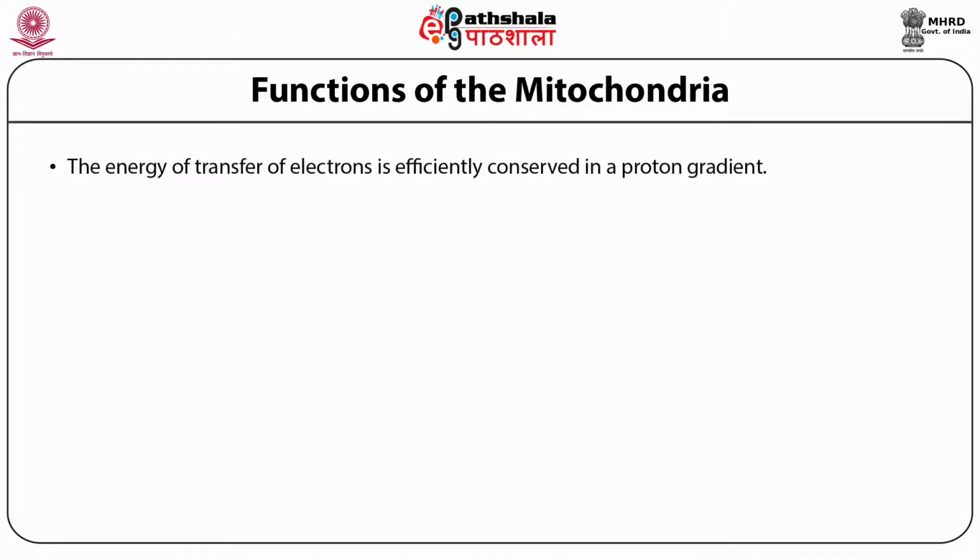The energy of transfer of electrons is efficiently conserved in a proton gradient. For each pair of electrons transferred to oxygen, 4 protons are pumped out by complex 1, 4 protons are pumped by complex 3, and 2 protons are pumped by complex 4.